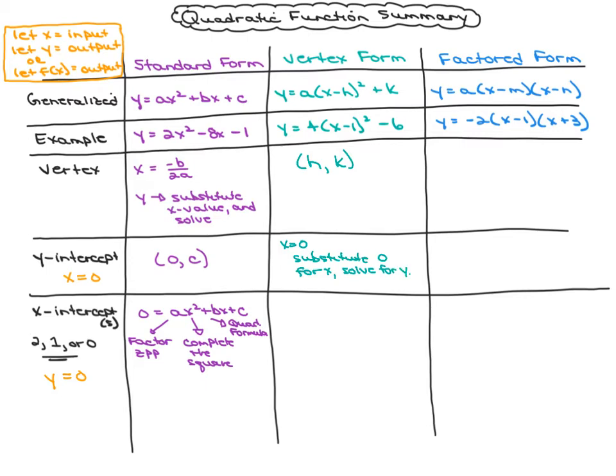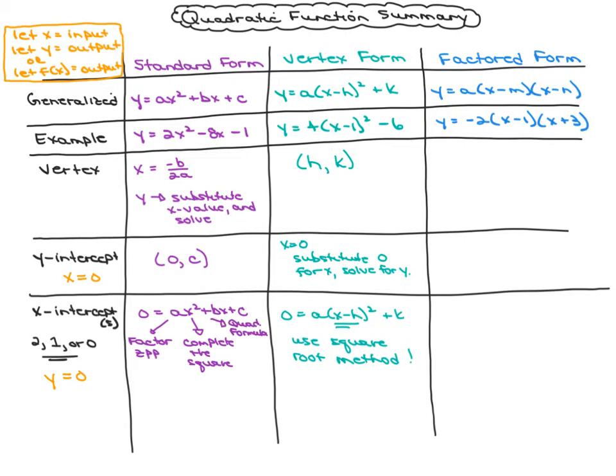And then finally for the x-intercepts, again, y, or the output, is equal to 0. So we're going to have 0 is equal to whatever our function is. And this is great. This is all set up to use the square root method. So always use the square root method to solve. It's always, always, always going to be the most efficient strategy in this situation.